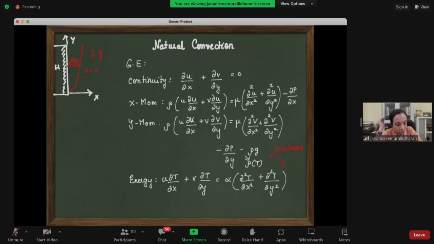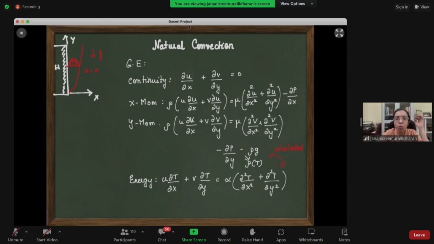Now, apart from the physics, the challenge comes when you have to model your boundary conditions and the equations to solve natural convection. So one needs to understand first why there is a challenge involved.